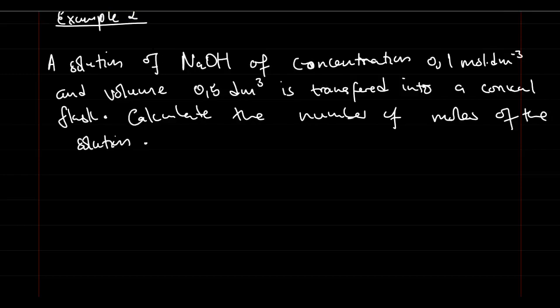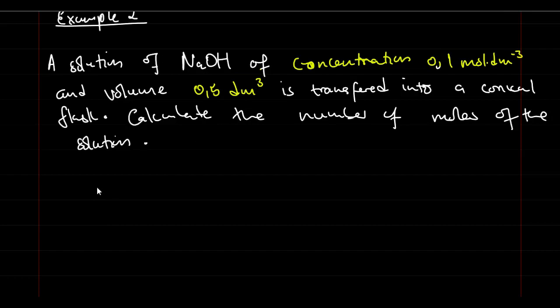You are given a concentration of 0.1 mole per dm cubed. What else are you given? You are given a volume of 0.5 decimeter cubed. So now what is the SI unit for volume? The SI unit for volume is dm cubed, which is that one.